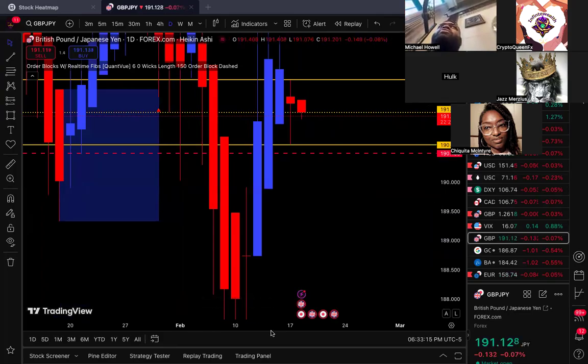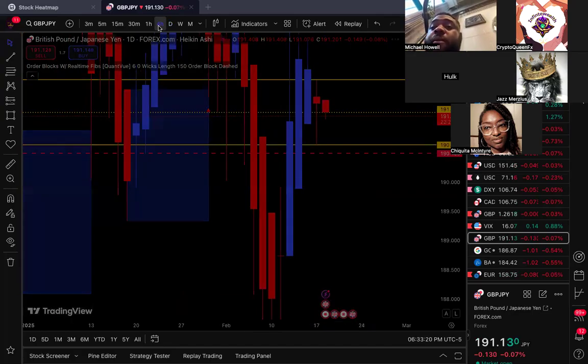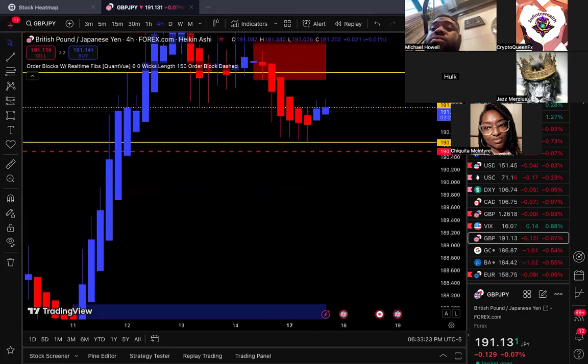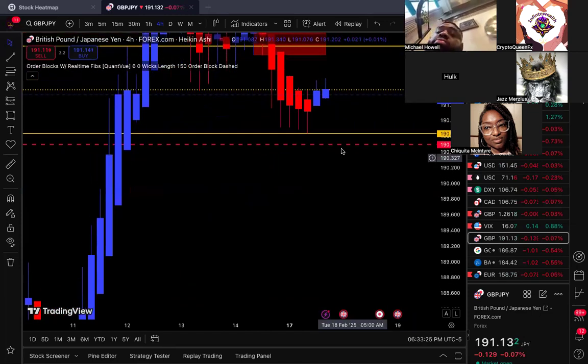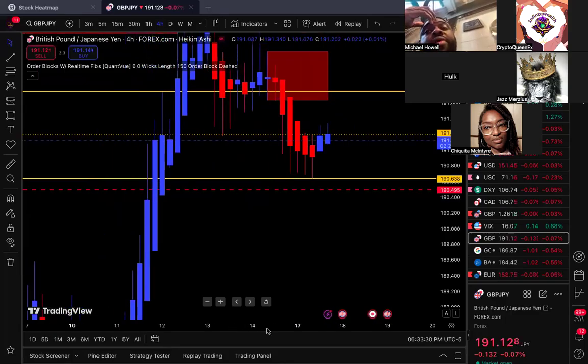As you can see, it's been selling from the weekly high. But right now, it's really respecting this midweek, indicating that the sell is likely going to continue. But GJ session starts during London.